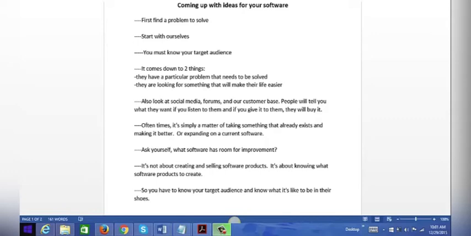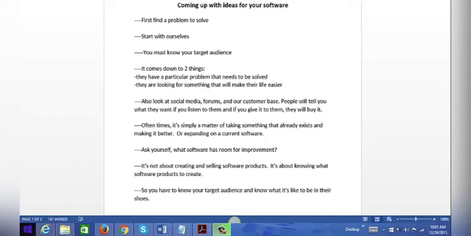You must also know the target audience that you plan to sell your software to. Basically, it comes down to two things: consumers have a particular problem that needs to be solved, and they are looking for something that will make their life easier.